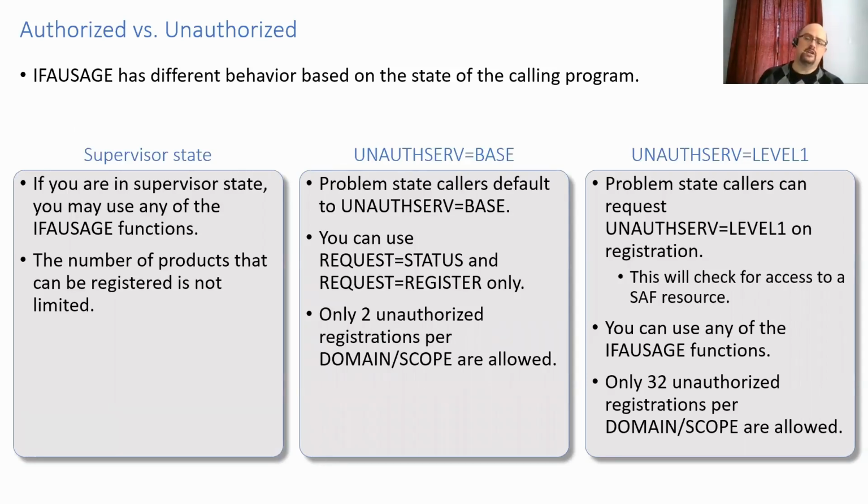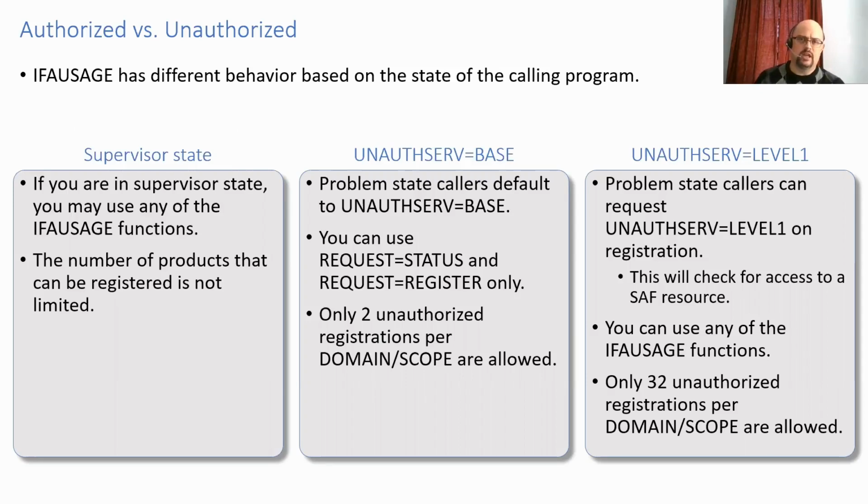However, for problem state callers, there is an option we added. I think it was z/OS 2.3, but it was fairly recent, where a problem state caller can tell us to check for access to a SAF resource to see if that user is allowed to register that product.